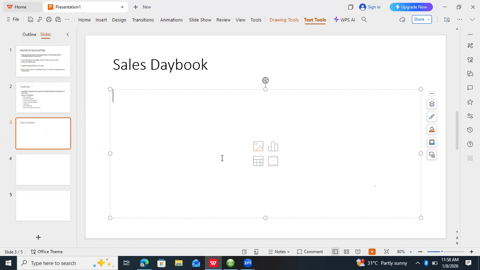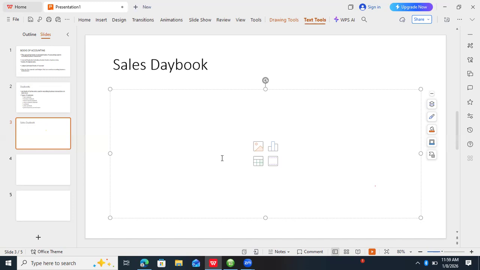Credit sales. Professors, in accounting we have two types of sales. It's either credit sales or cash sales. This book is not interested in cash sales. It is only interested in credit sale of goods, not assets, of goods.